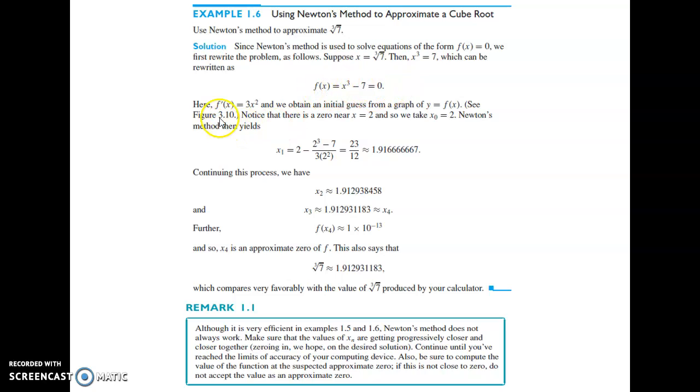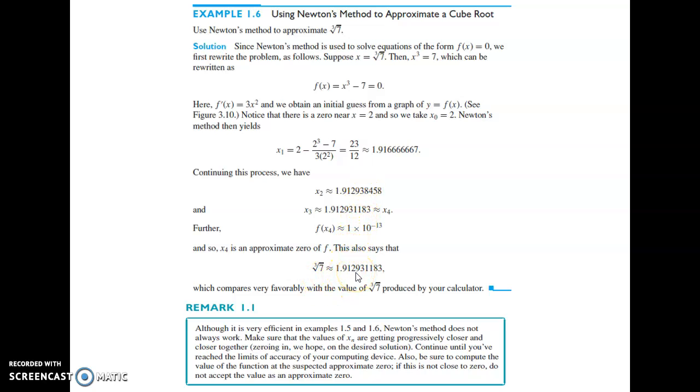We will take the derivative, and then we have to take the initial guess. We take x equal to 2, because 2 cubed is 8, minus 7 is 1, which is close to 0. So I can take x0 equal to 2. I will use the same Newton's method: the first approximation uses this initial guess, for the second I will use this, for the third I will use this, and like that I find this.